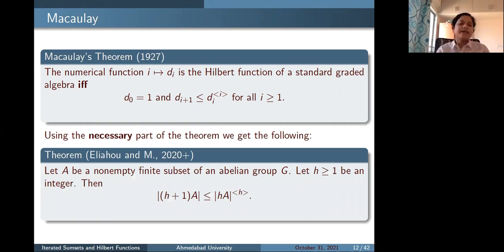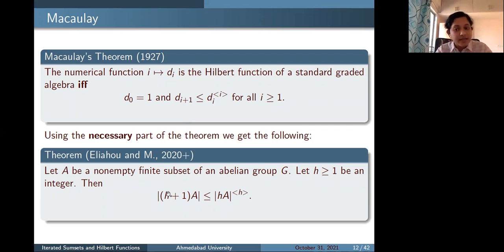Now, we are taking only the necessary part of this. I have an abelian group G, and I'm taking A to be a finite subset. So, I'm considering the sequence H_A. I can associate a standard graded algebra whose Hilbert function will be this H_A. And Macaulay's theorem ensures that it should satisfy this.